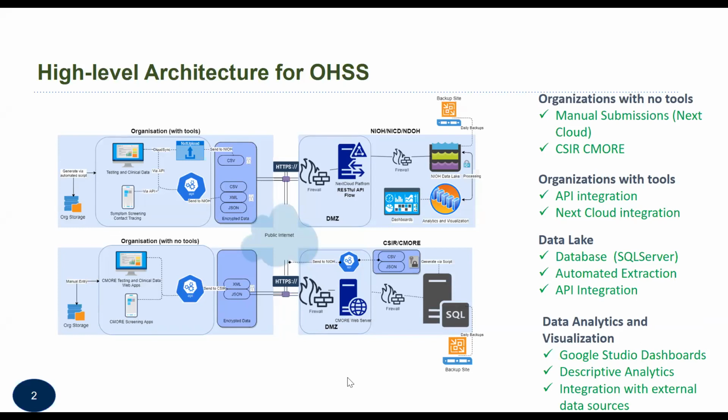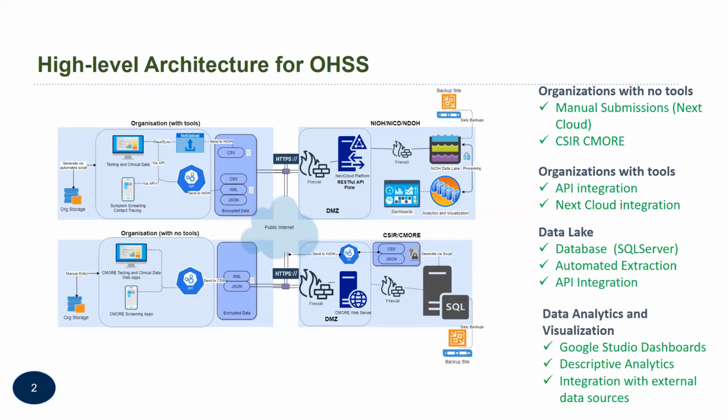Based on what Nisha was talking about, maybe before the colleagues come in and explain how to actually submit the actual data, just to give a high level overview of the system and also explain just briefly the different options that the different companies could choose in order to submit the data. So with regards to the surveillance systems, we have tried to accommodate the different needs from different companies.